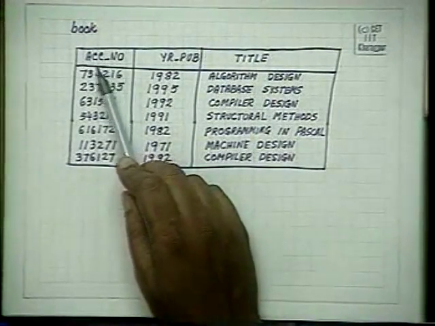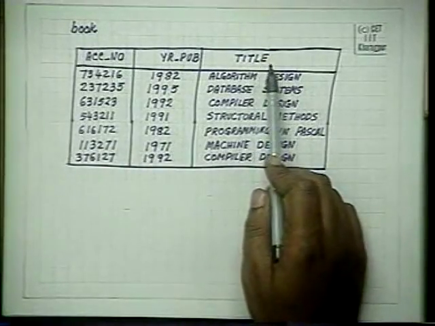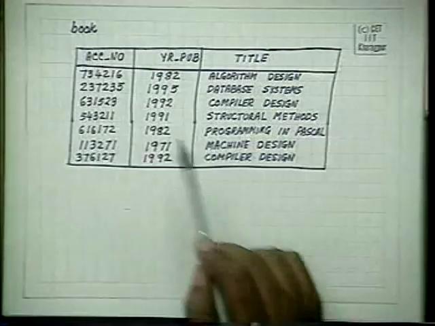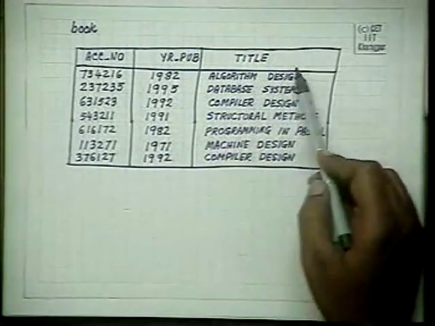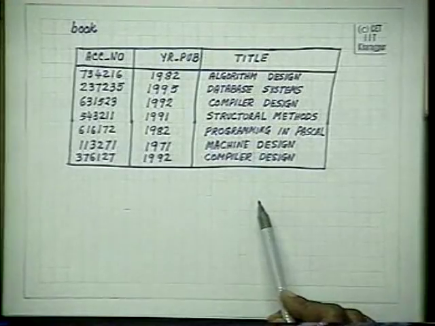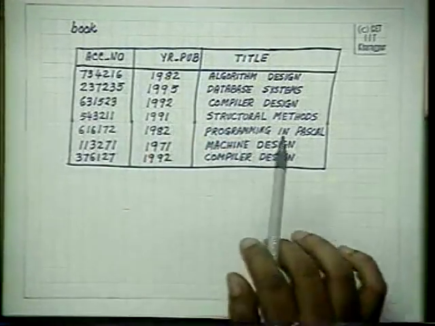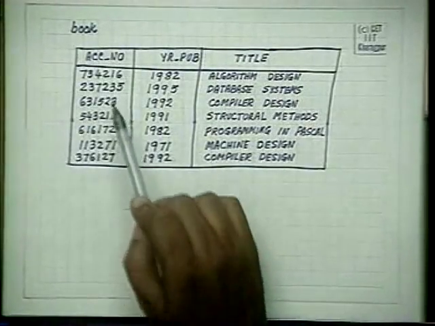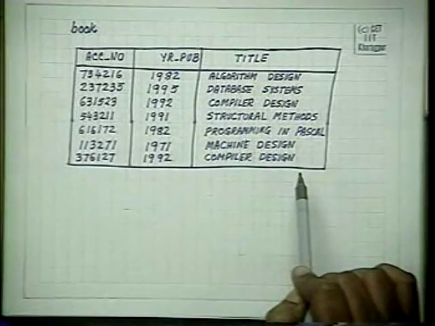Therefore, accession number cross year of publication cross title is the set of all combinations of such integers, such years and such strings. Among them, the book relation is a subset consisting of only the valid books which are there in our library.